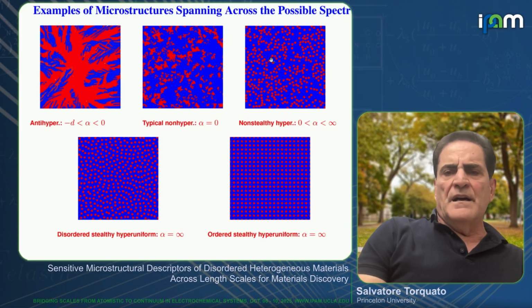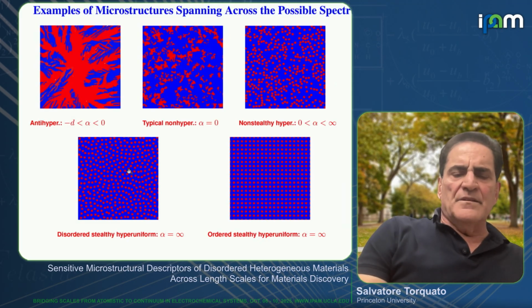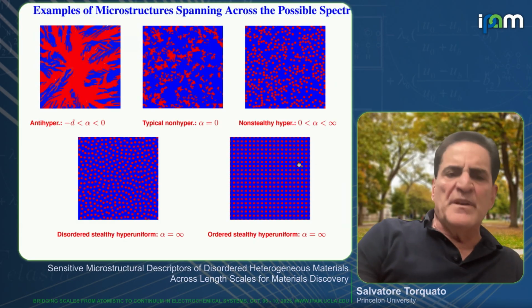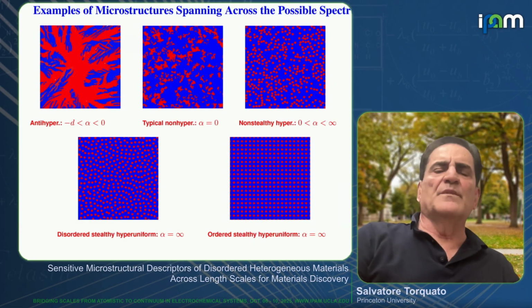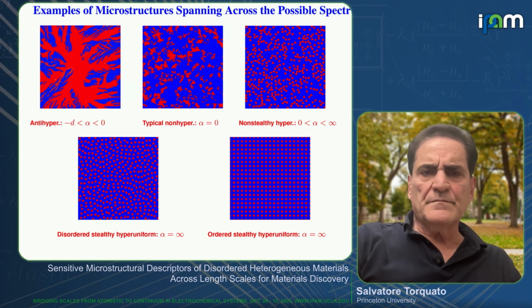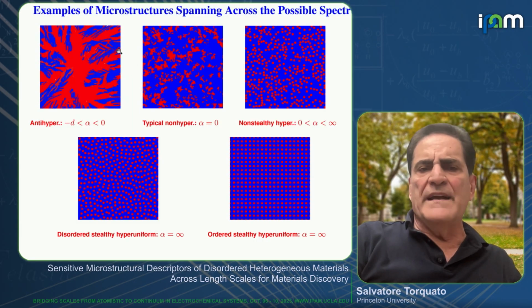This is a hyperuniform system that is not so-called stealthy. This is one that is stealthy and hyperuniform. And here I show a periodic system, which again is always going to be hyperuniform. So you really are spanning a wide class from disordered anti-hyperuniform systems to ordered systems.